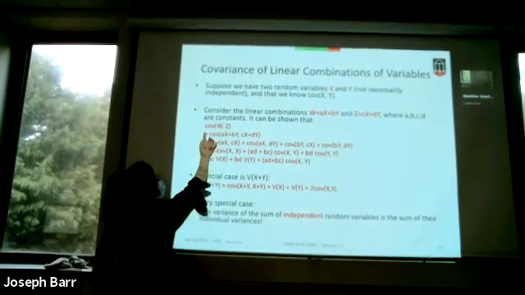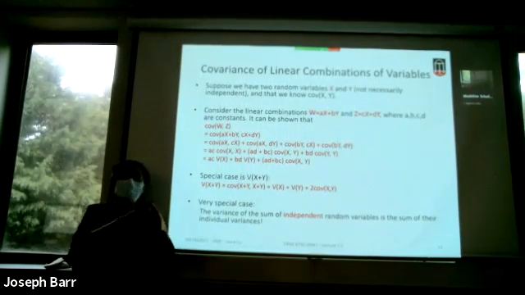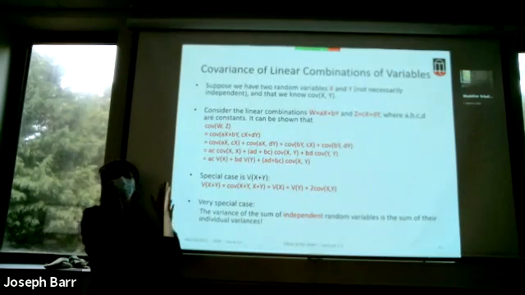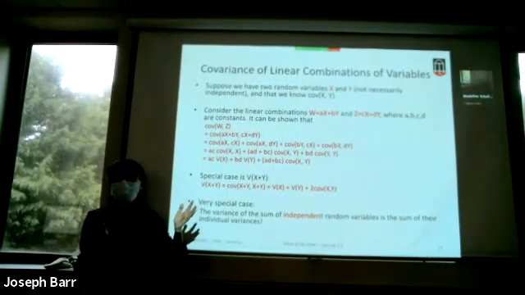So if we want to calculate the covariance between the new variables W and Z, how? Just use the rules of covariance and the rules of basic algebra.